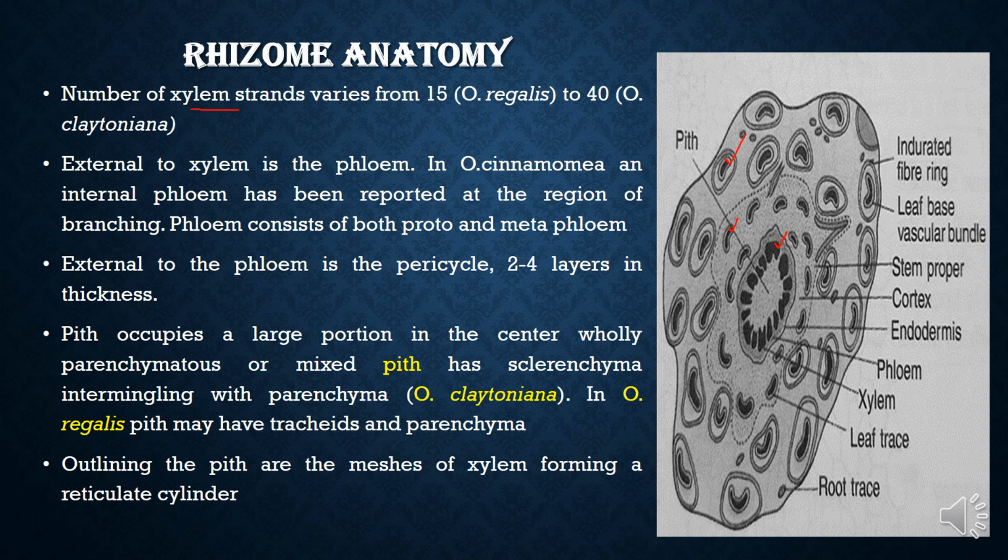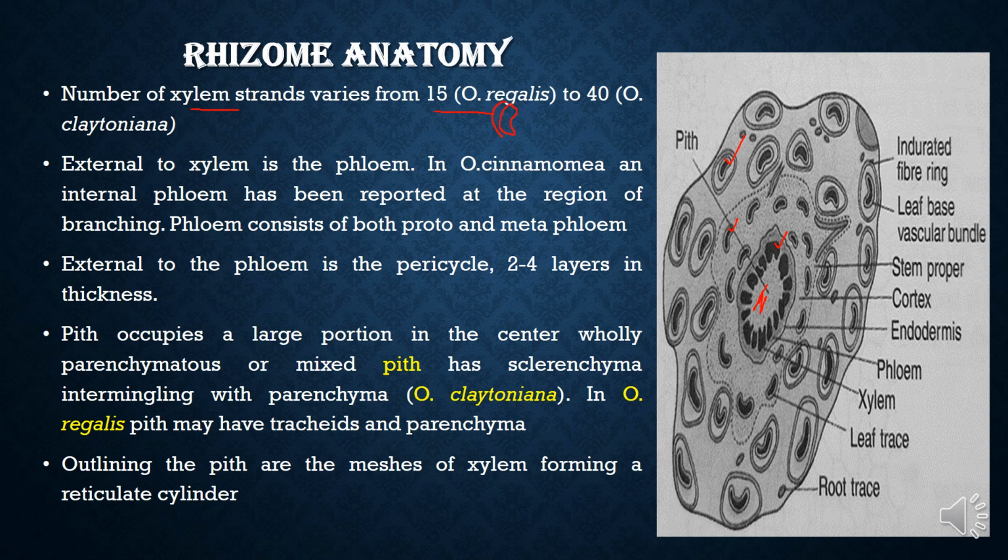The number of xylem strands in the stellar region varies according to the species. It is a different number in different species, and it is always this type of inner horseshoe shaped xylem, with the outer portion being phloem.